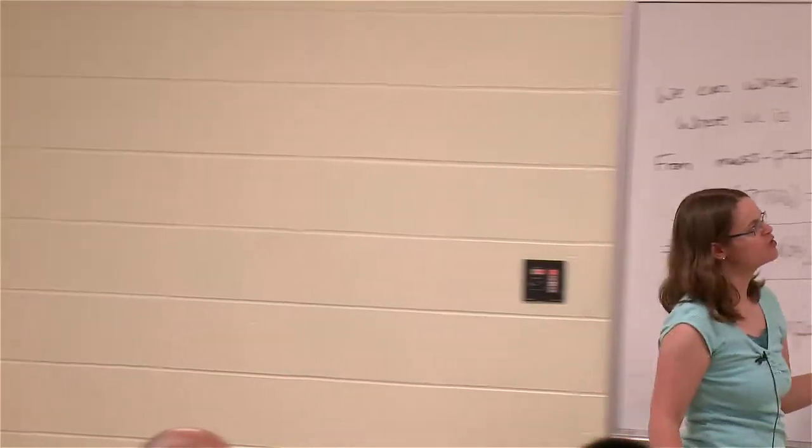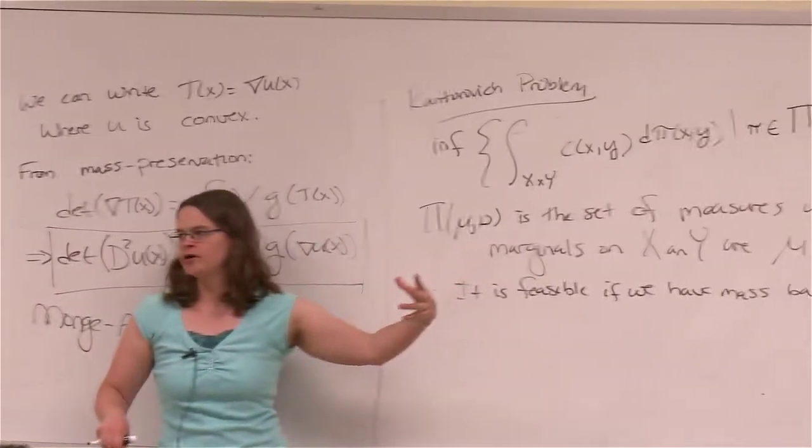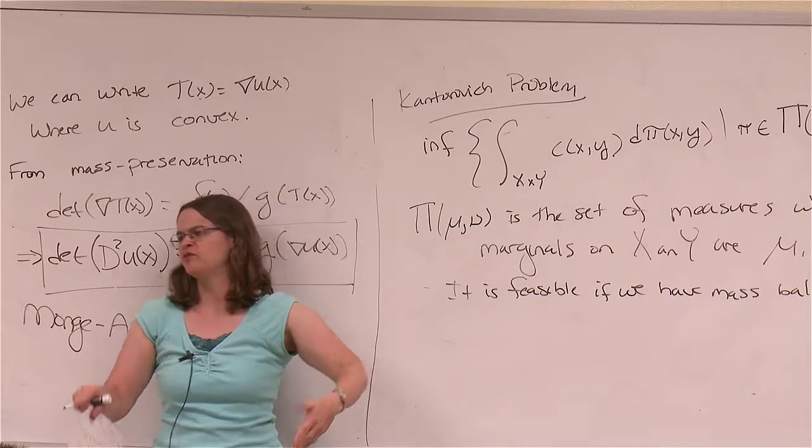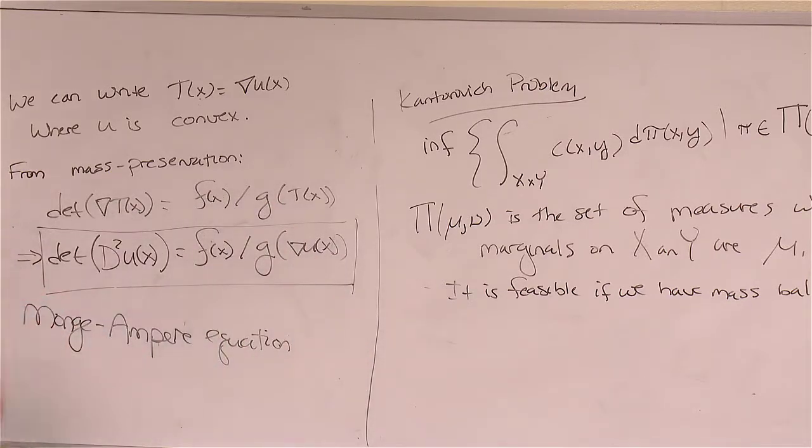The reason this is feasible is that I can rearrange things any way I want to. I can let mass go from here to lots of different points. I can spread it out over a line segment or a curve or a volume or whatever.